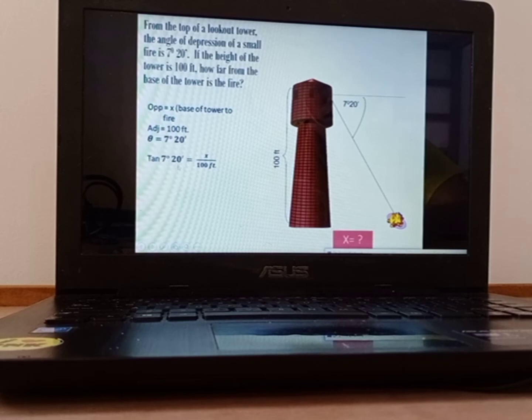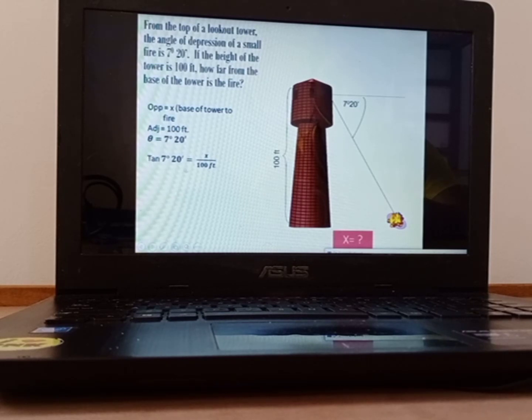So tangent 7 degrees and 20 minutes is equal to x over 100, where our opposite is x and our adjacent is 100 feet.